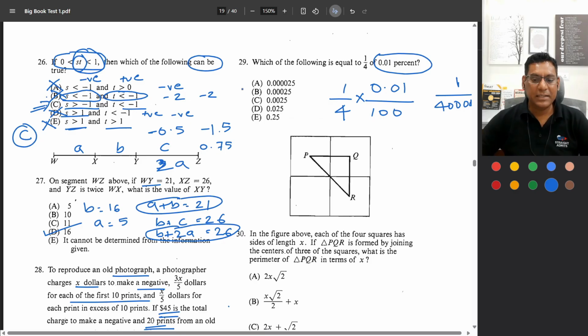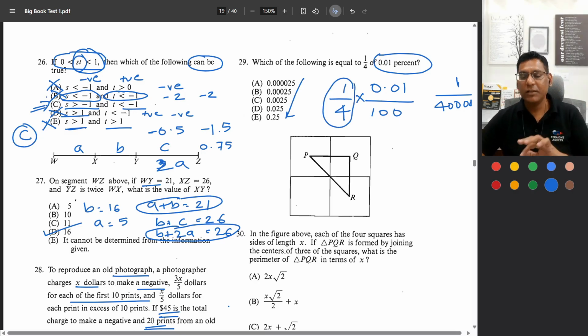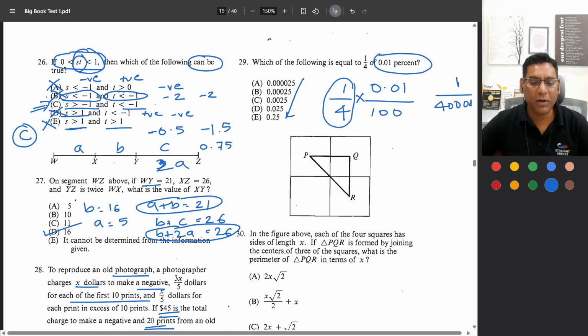I see that all the answer choices are in 0.25, so let me convert this into 0.25 in the beginning itself, so that I don't deal with division but with multiplication. Instead of writing 1/4, I'll write 0.25, and then I will write 0.01 divided by 100.